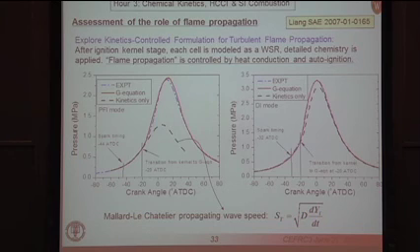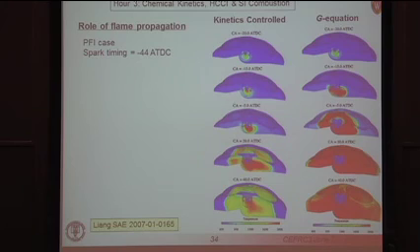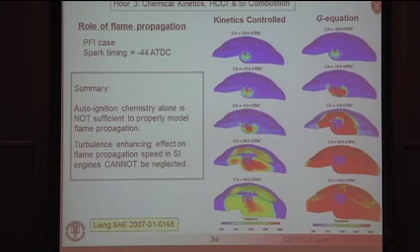Remember the Maillard-Le Chatelier result. If you just compare what happens in the cylinder, here we see the spark kernel at early times looks very similar. But now you see very slow combustion if you're just using kinetics-controlled combustion versus with the G equation. To summarize R3, the most important takeaway is auto-ignition chemistry is not sufficient to properly model flame propagation.